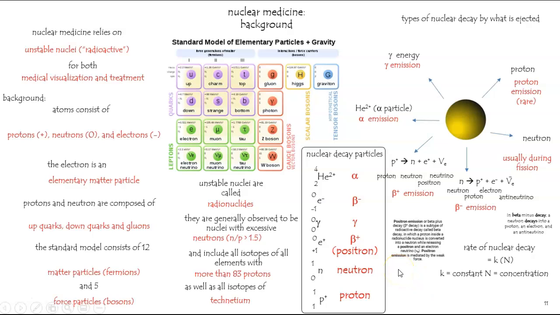And without showing you the math, we can demonstrate that the half-life, the time for half of one of these radionuclides to decay, will be equal to 0.693 divided by k, k being the rate constant. If you take a look at a rates unit in chemistry, you'll see that all nuclear decay is first order and obeys this sort of a formula. Okay, that's an introduction to the background material for understanding nuclear medicine.